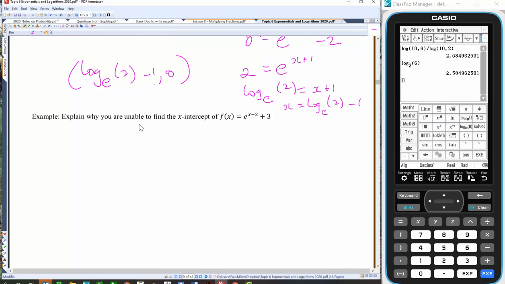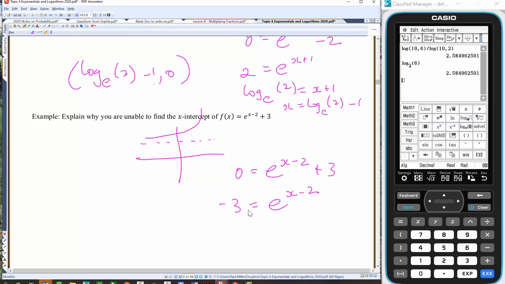Explain why we can't find the x-intercept of this. But, I don't know, to hell with that, let's find it. It's the kind of crazy cat you're dealing with here. e to the x take 2 plus 3, so -3 equals e to the x take 2.